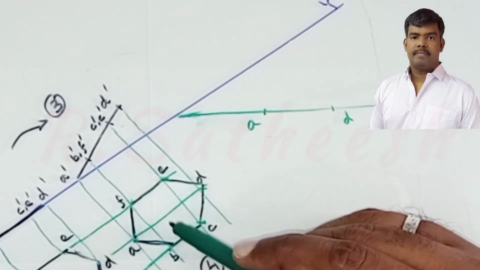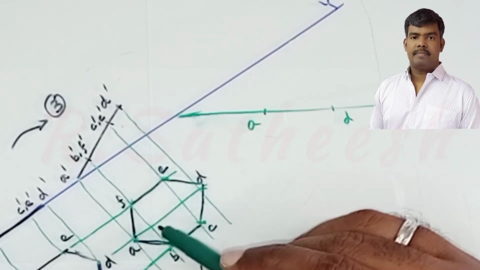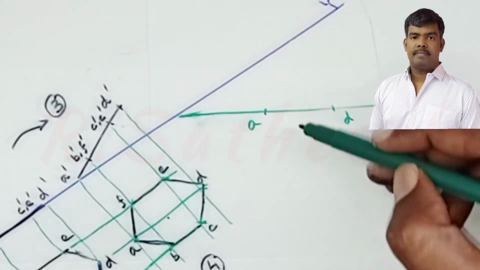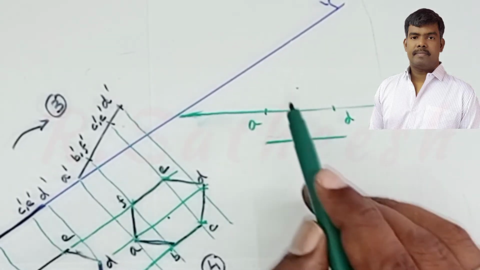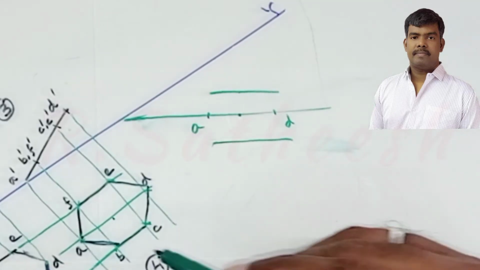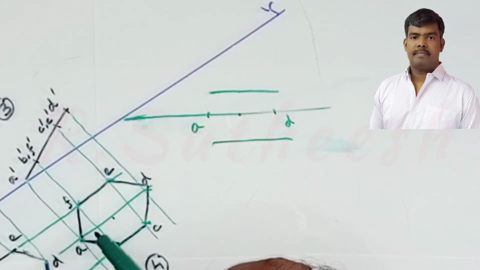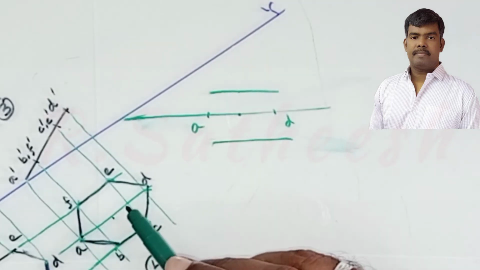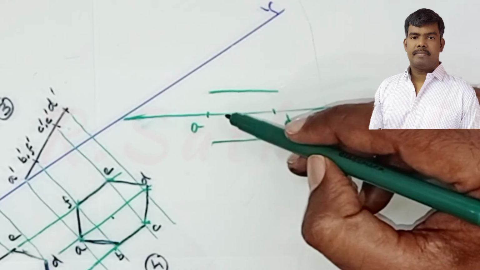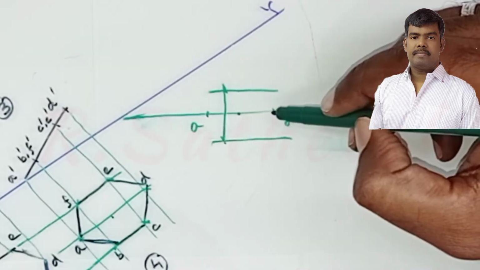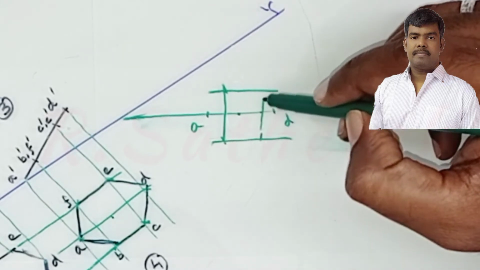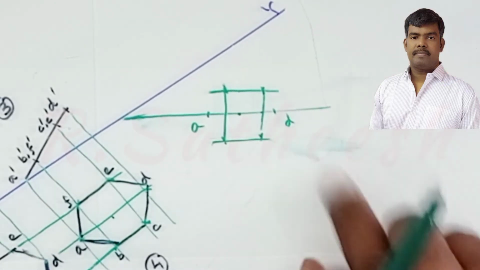Now these two lines are parallel. Mark the same distance on this side and that side. Next, from A, mark how much distance here to here, with a perpendicular line. Same here also. This one, that one. Correct.